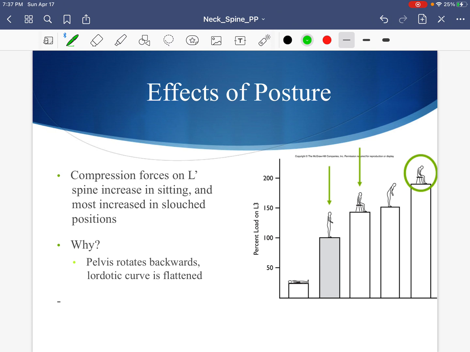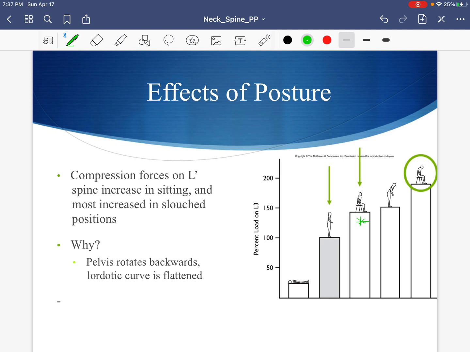So here are the main points that I want to point out. And I rather like this bar graph. It tells you the compressive forces, how they increase based on position. There are some interesting things here. If you're sitting, you might be surprised that sitting puts a little bit higher compressive force than standing.